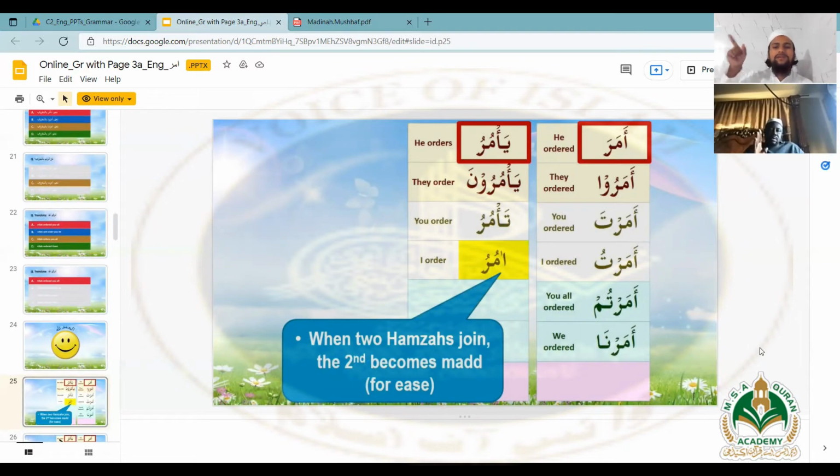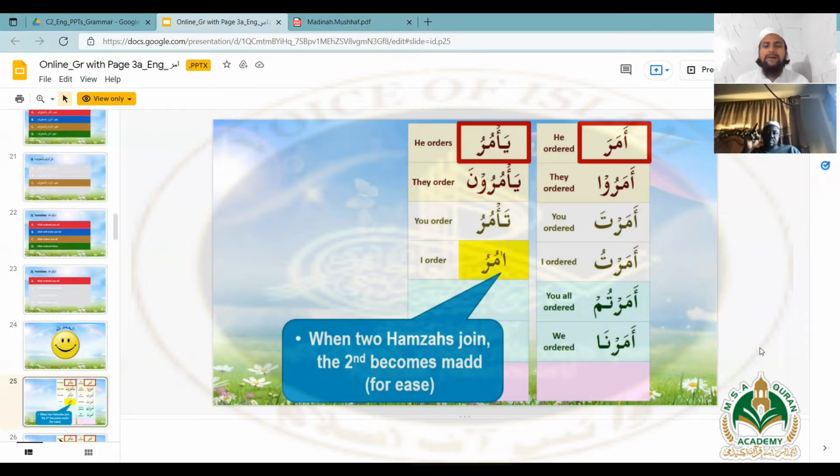Ya'muru, he orders. Ya'muruna, they order. Ta'muru, you order. A'muru, I order. Ta'muruna, you all order. And na'muru, we order. You see, just see, amuru. When two hamzas join, the second becomes a mad letter for ease. It was in fact a'muru: hamza fatha, hamza sukun.